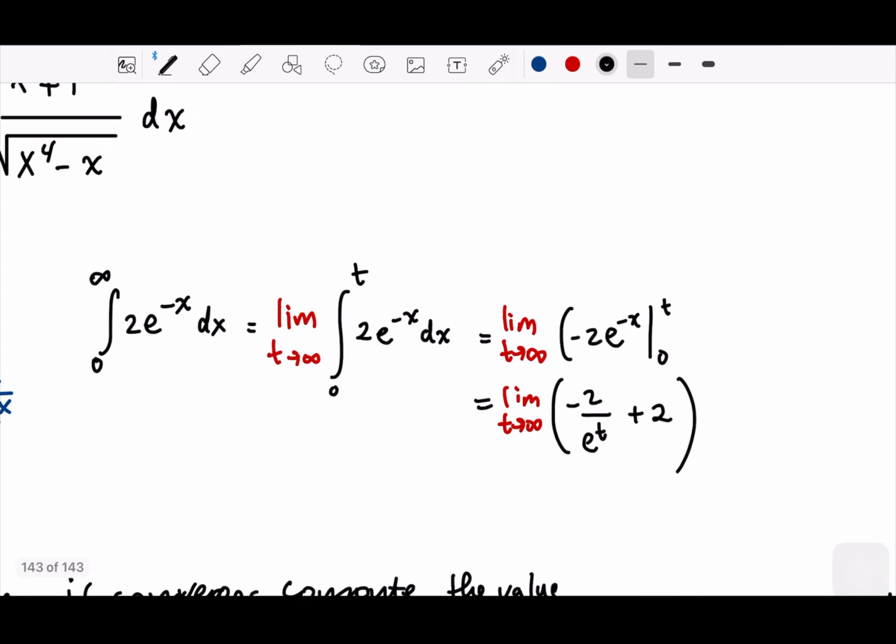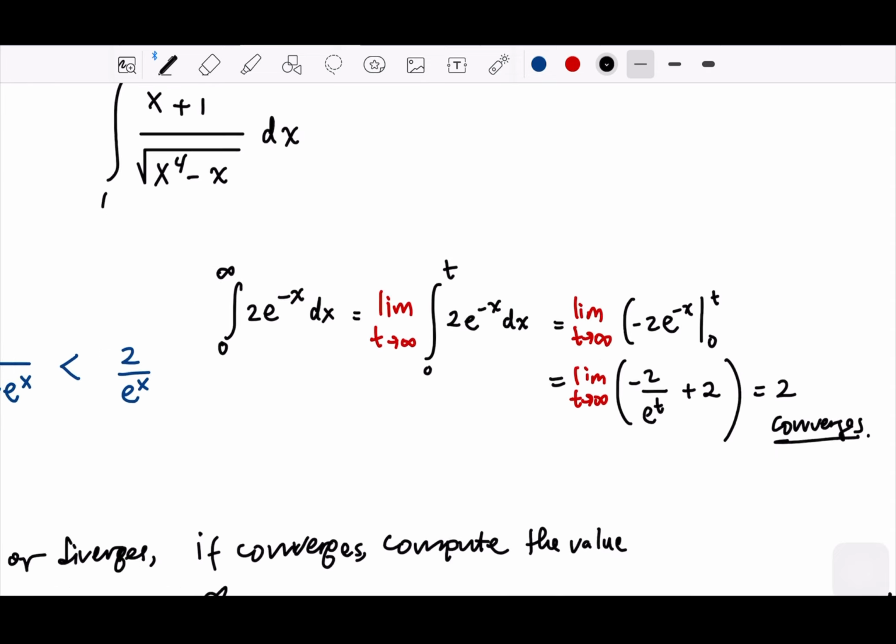So based on our limit, this will be converged, right? This will converge with the value of 2. So it converges.